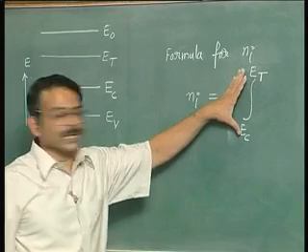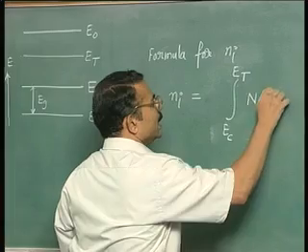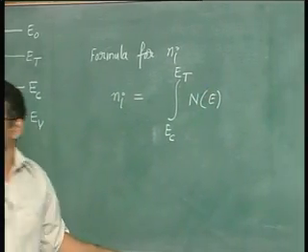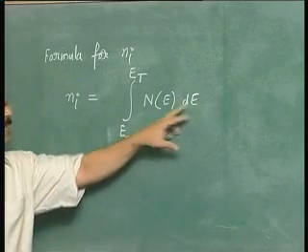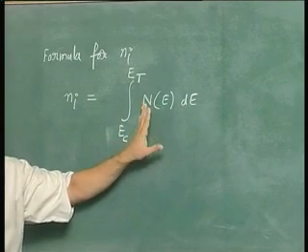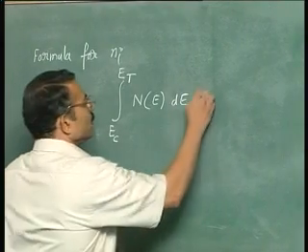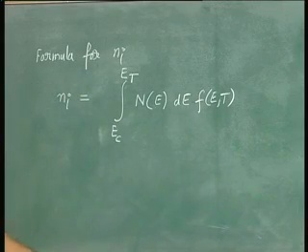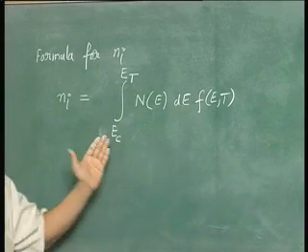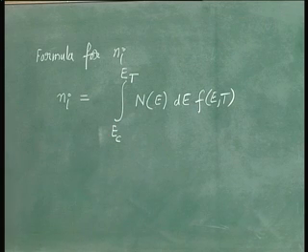How many electrons are there? So integrate the available states function. Within an energy interval dE at E, the number of states available is Ne into dE. Out of this, the fraction f(E,T) is occupied. So you integrate this over the conduction band, and you should get the intrinsic concentration.